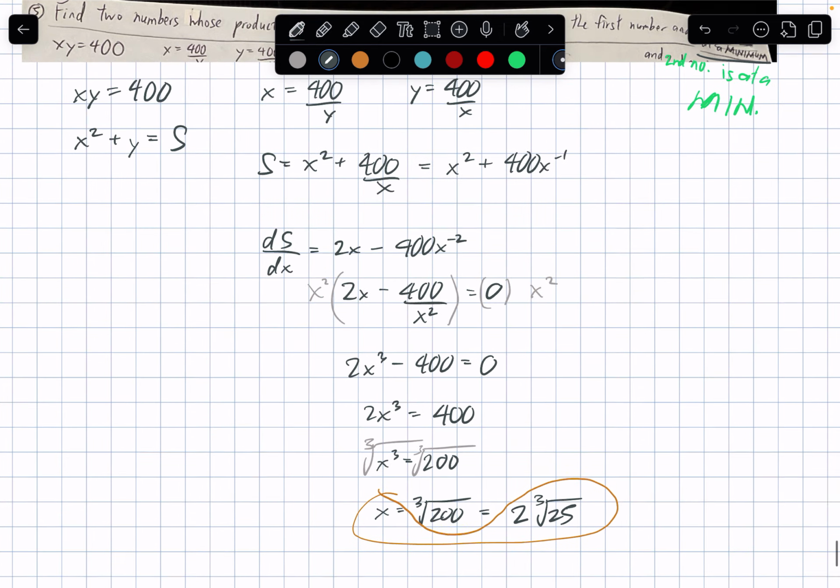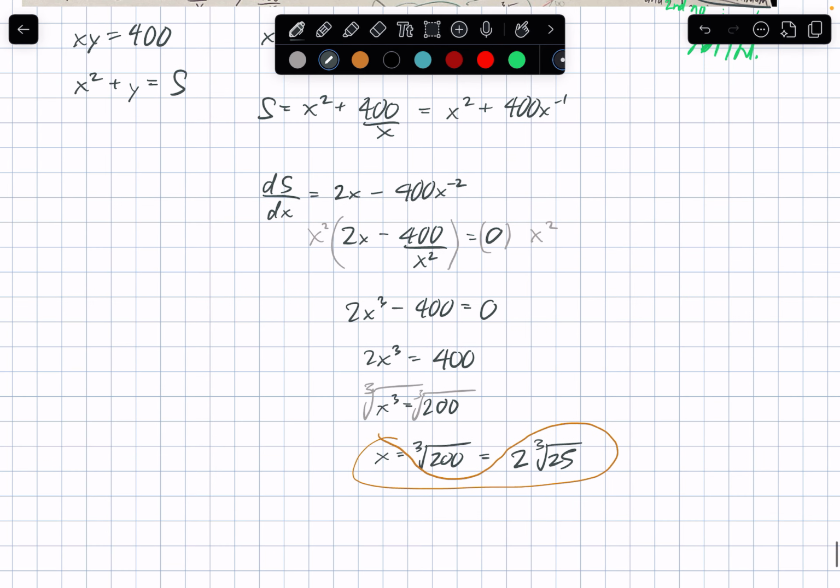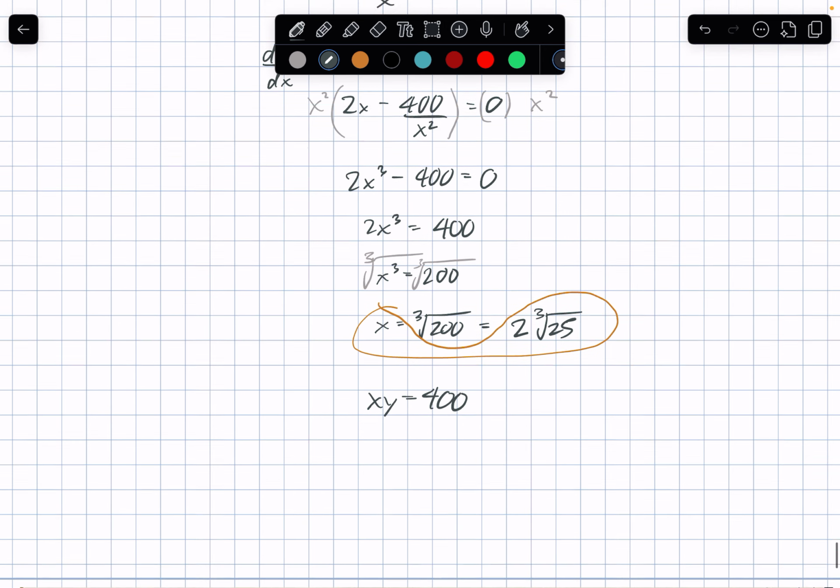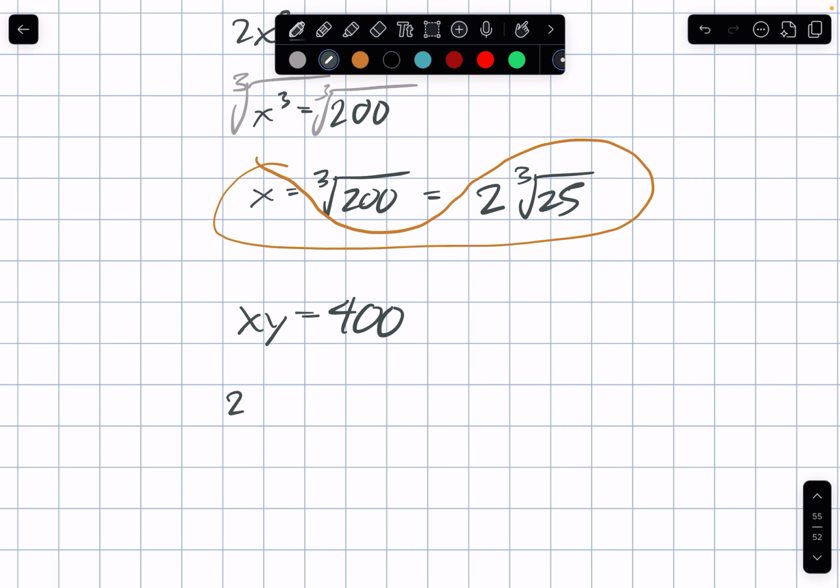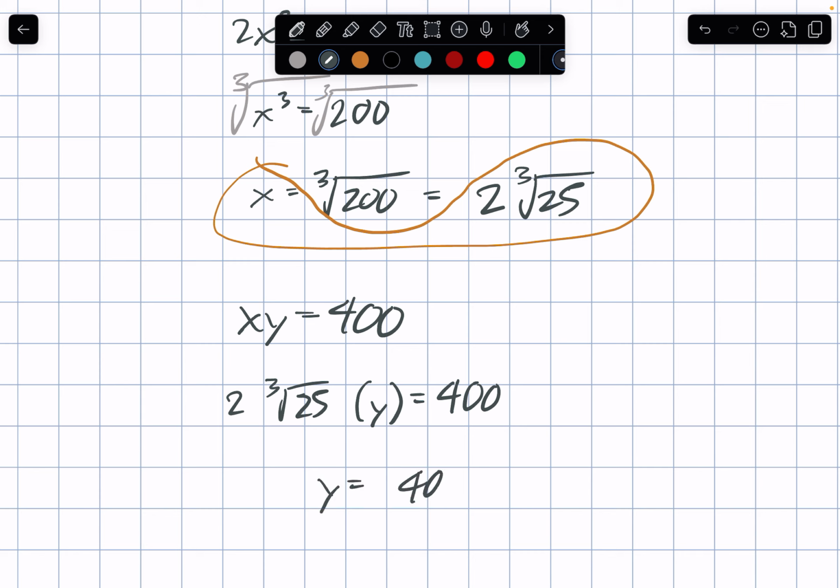Now, we identify what y is. So how do we do that? Using xy is equal to 400, just substitute. So 2 cube root of 25 times y equals 400. Divide both sides by x.